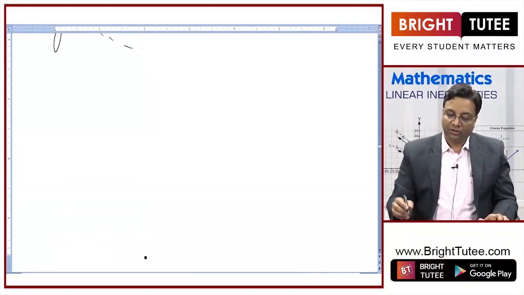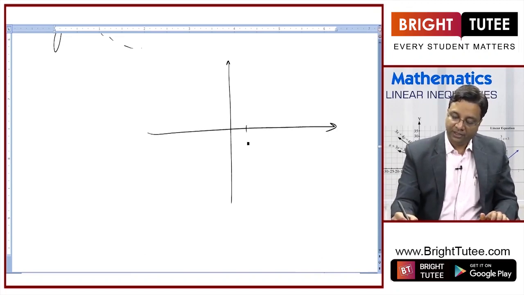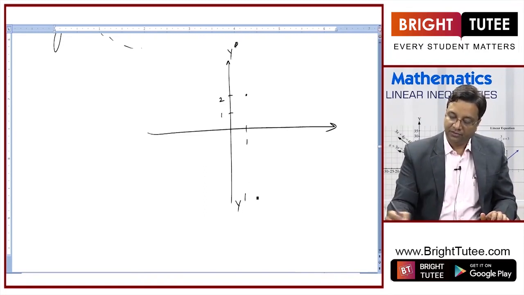You can also draw this point (1, 2) on the Cartesian plane. If this is 1, this is, let us say, 2, this will be the point. This is y dash, this is y, this is x, this is x dash.